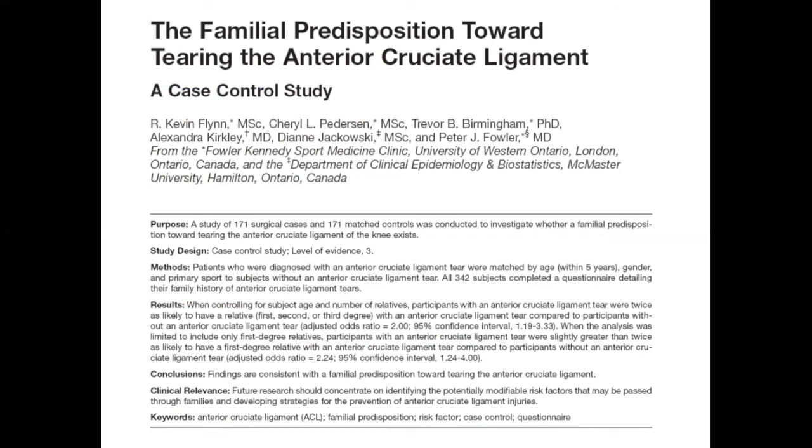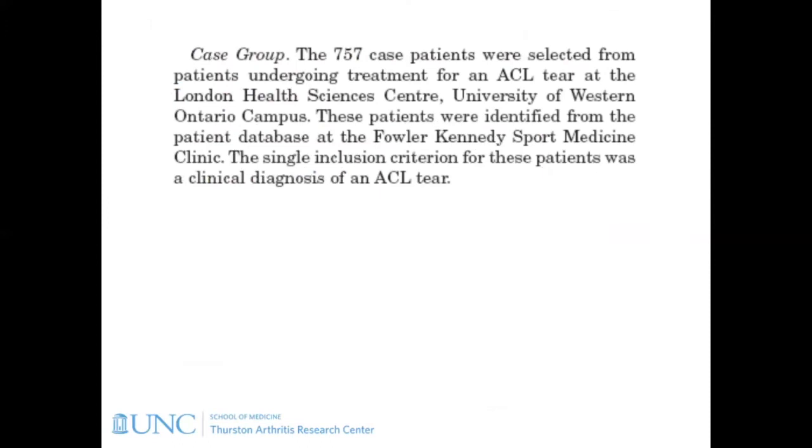And so they had brought in 171 surgical cases and then had 171 matched controls. And I will go through some of their methods here. So their case group originally was 757 patients who'd all had an ACL tear and had undergone treatment at the Fowler Kennedy Sport Medicine Clinic.